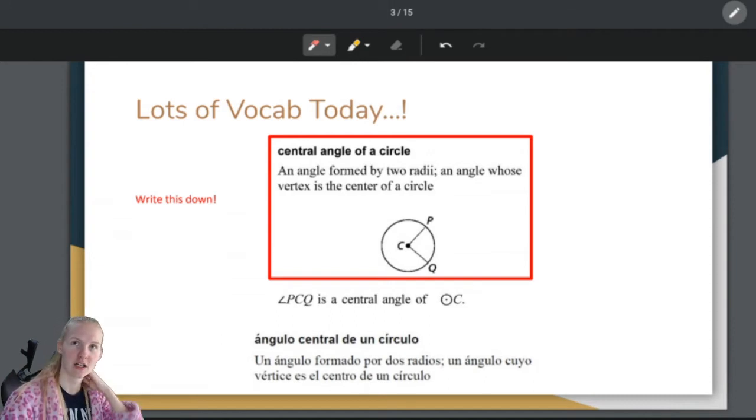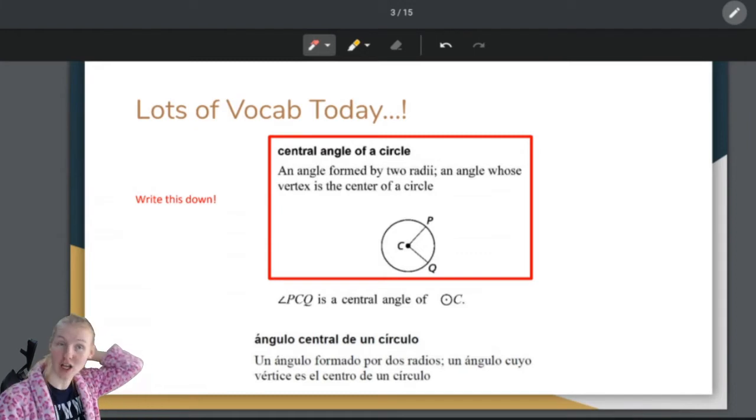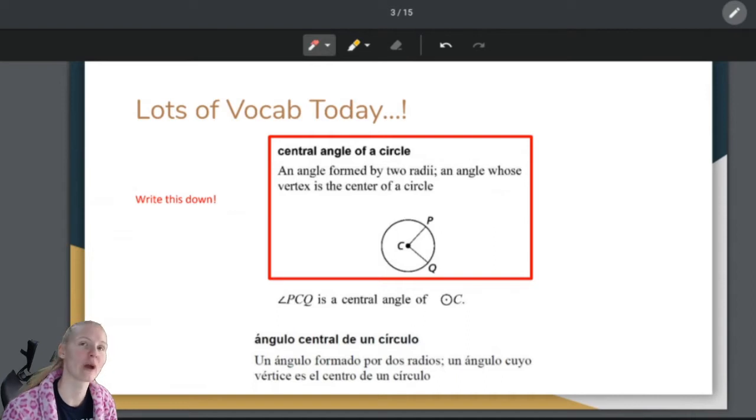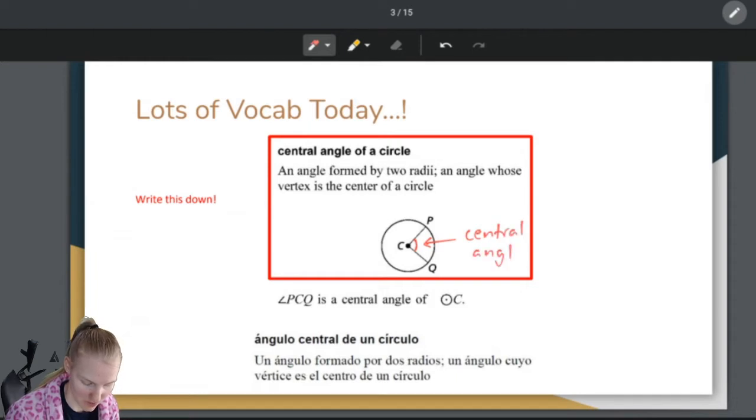The central angle of a circle is any angle formed by two radii. So, this angle right here is the central angle. And a circle can have many central angles.